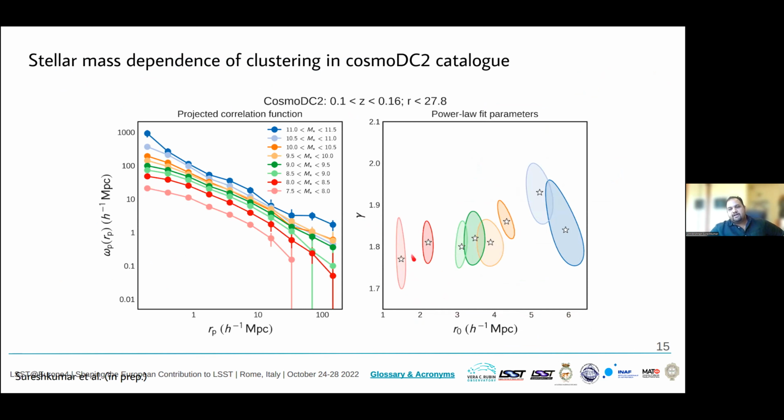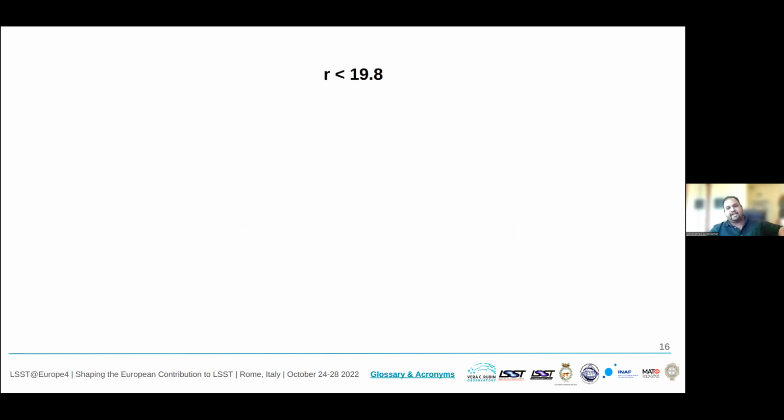We have the parameters of the power law fit here, where r0 is a quantity that tells us how strongly clustered the galaxy sample is. As you go from red to blue, the samples get more massive, as you can see in the legend, which means that the massive galaxy sample is more clustered. This is well known, agreeing with what we observe in data.